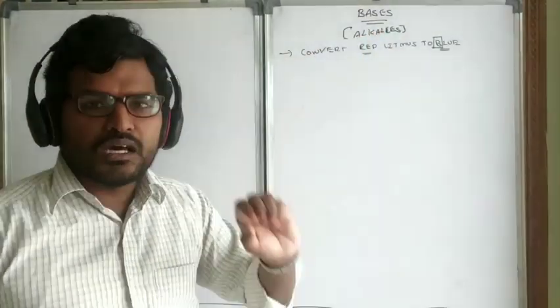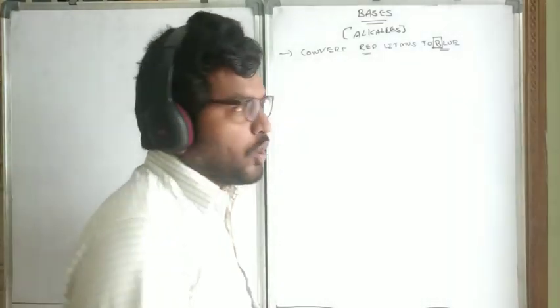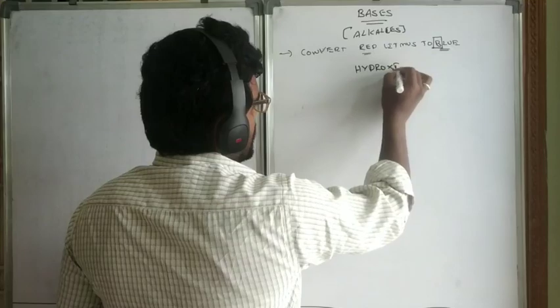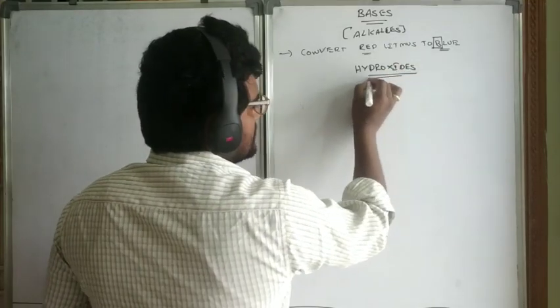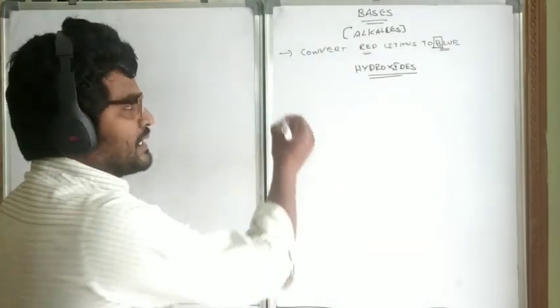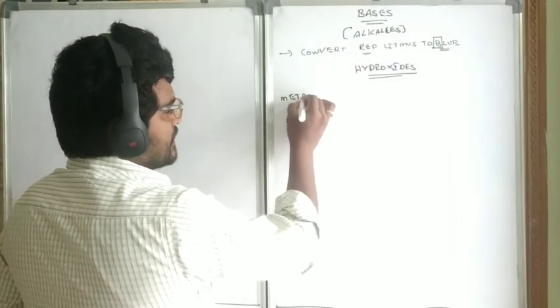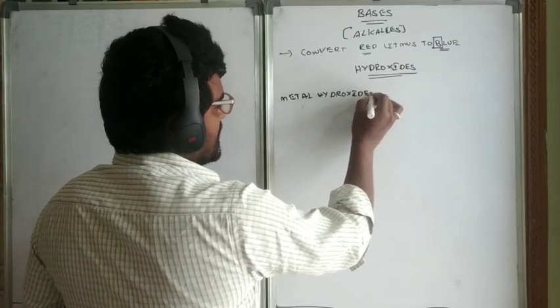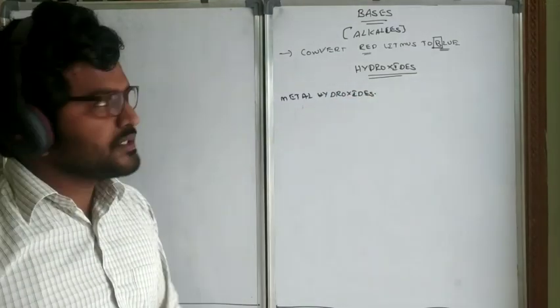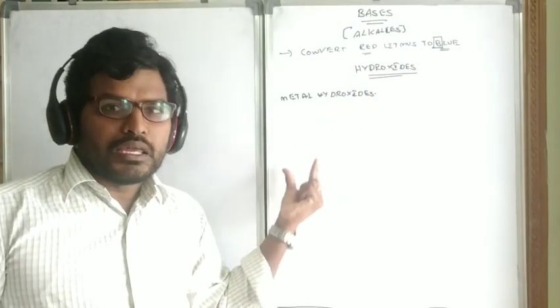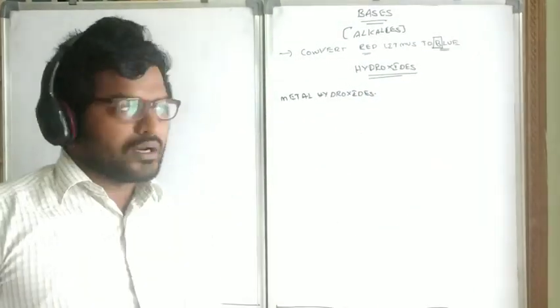See, bases are majorly hydroxides. Mostly these hydroxides are metal hydroxides. Mostly metal hydroxides behave as bases. As in the case of acids, we have classified them into inorganic acids and then organic acids.